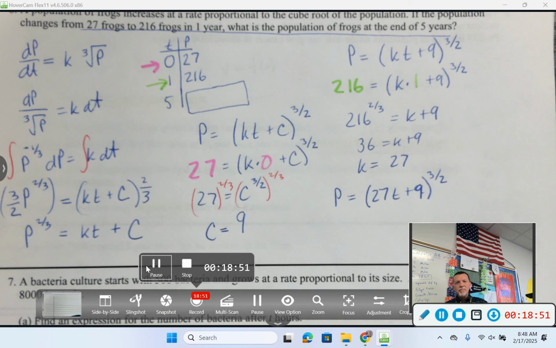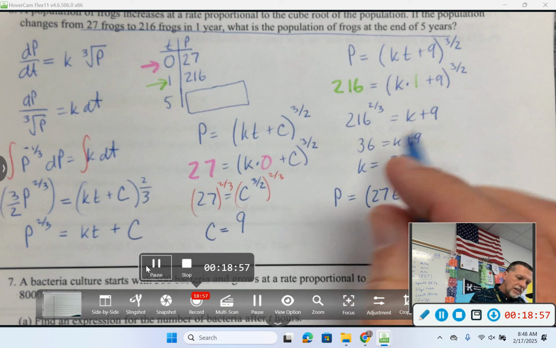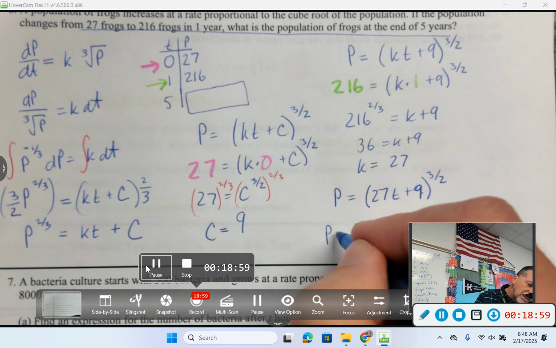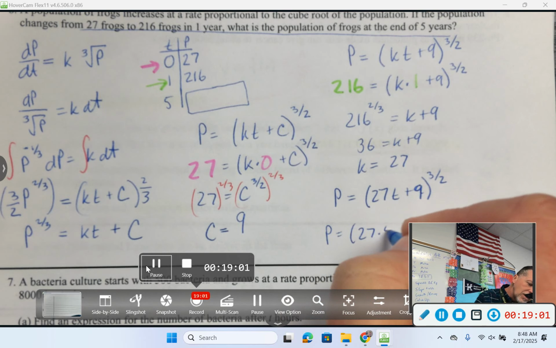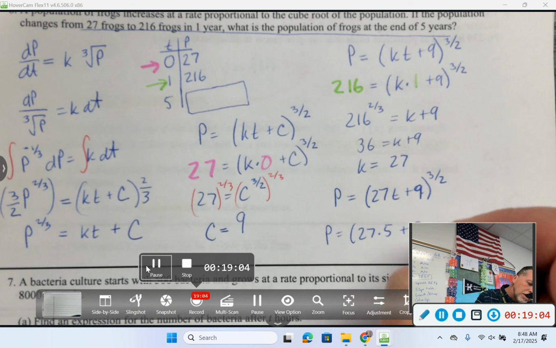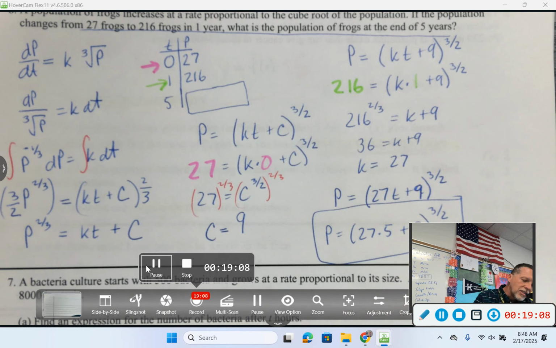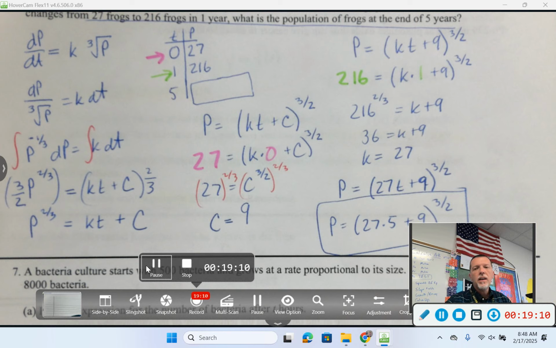So there's my, not the answer that it's looking for, but there's the equation where I've solved for everything. And now I just want to plug 5 in. So 27 times 5 plus 9 to the 3/2. And I guess we could just safe stop that and call it a day.